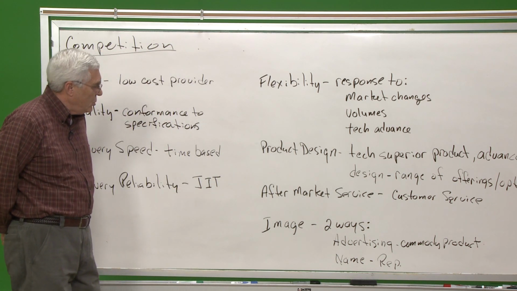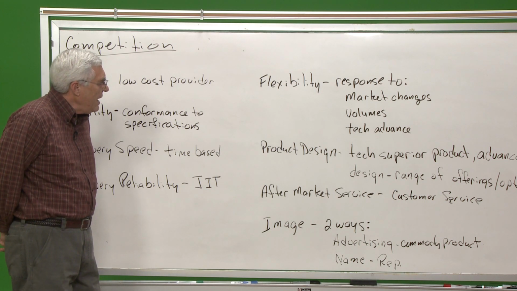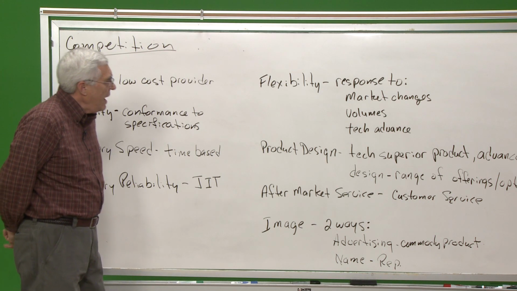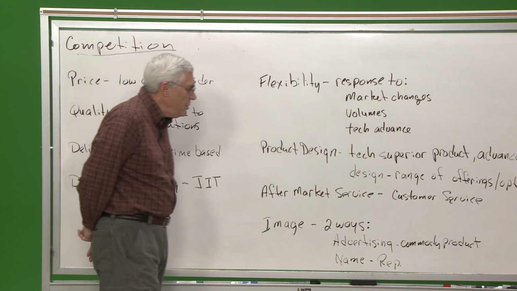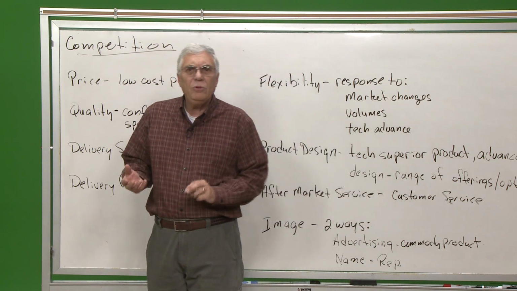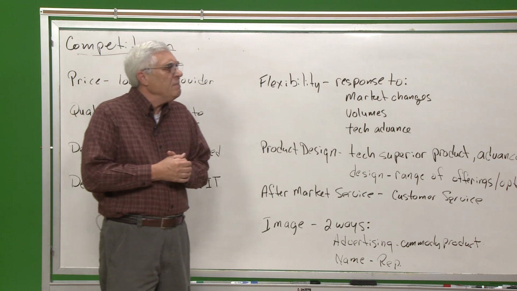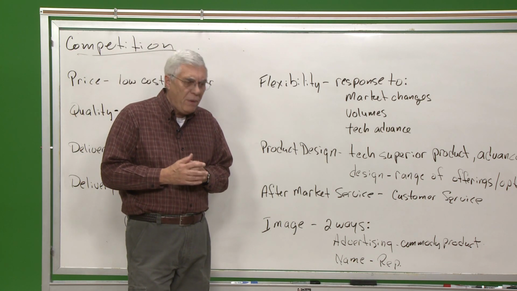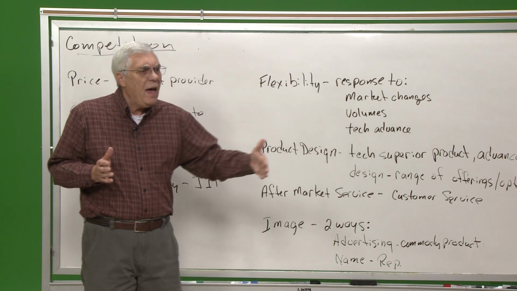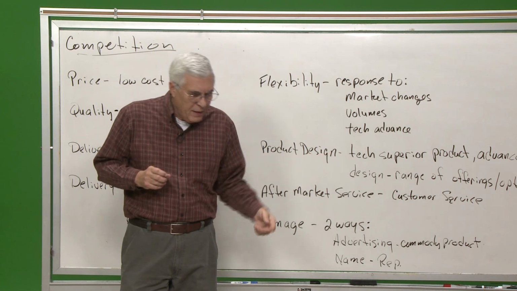Finally, image. And image breaks down into 2 groups, an advertising group and a name group. Advertising. If you have a commodity product where there is really no discernible difference from one to the other in terms of your competitors, probably one of the most classically talked about products within the business realm is sheetrock. You just take a plain old 4x8 sheet of 1/2-inch drywall or sheetrock.